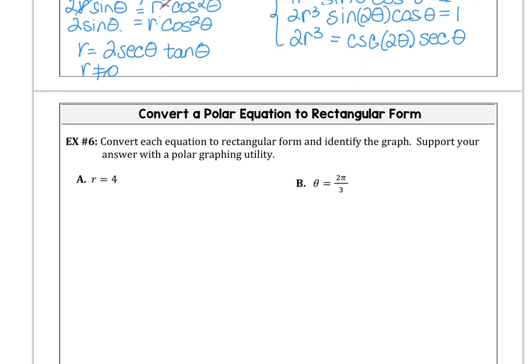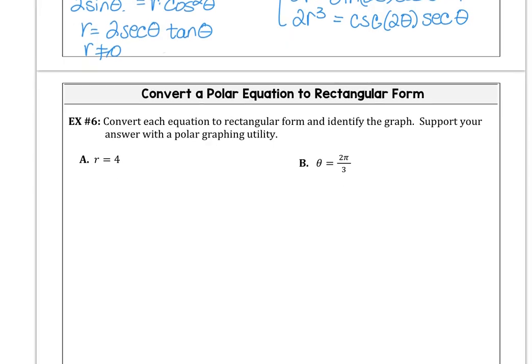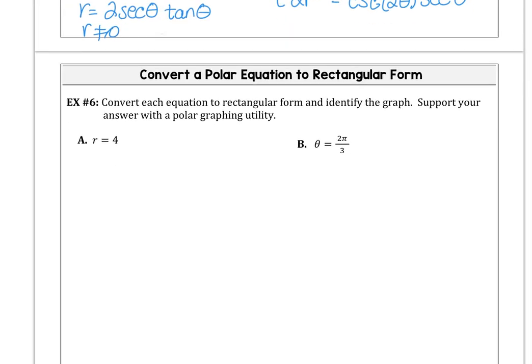Example 6, we want to convert each equation to rectangular form and identify the type of graph and support our answer with a polar graphing utility. If r is 4, we know this is a circle, and the center is at the origin. And in rectangular form, x squared plus y squared equals r squared.